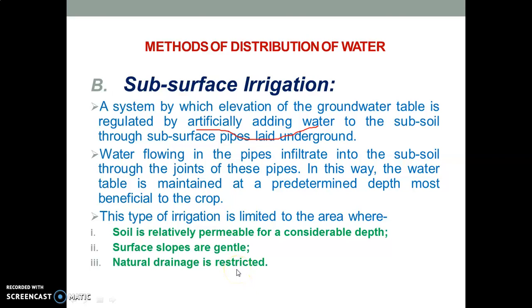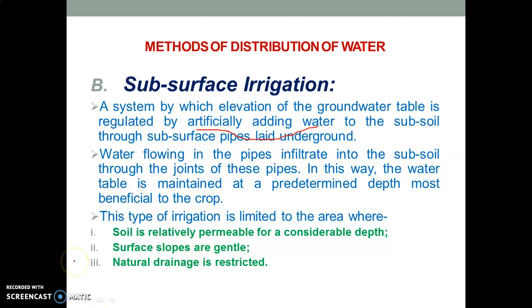Okay, so in areas where the surface slopes are very gentle, or the slopes are negligible, and where there is no natural drainage of water, and there is a huge chance of waterlogging and loss of water, there we will use this subsurface irrigation.